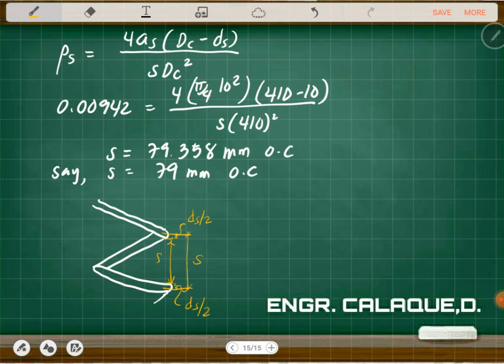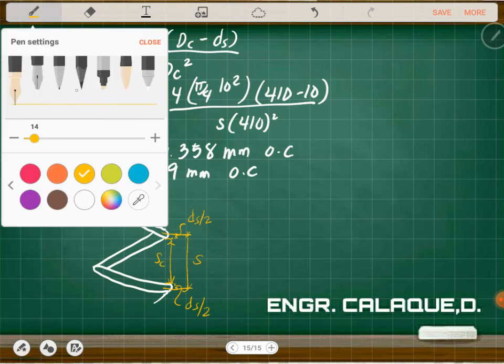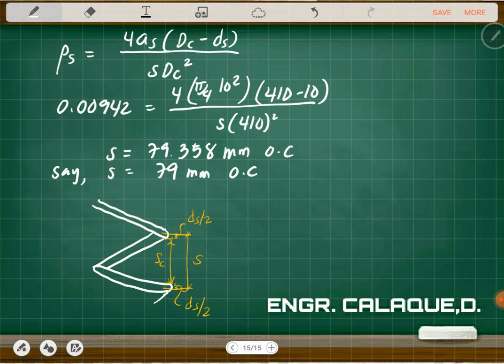So S clear is 79, the S minus the diameter of the spiral, so 79 minus 10, or 69 millimeters clear.